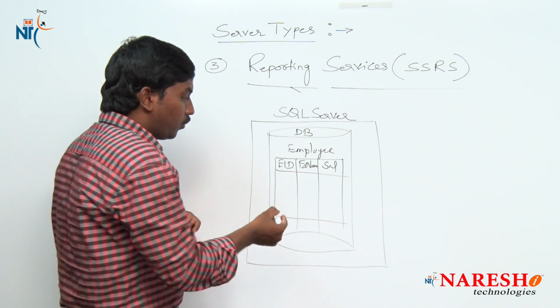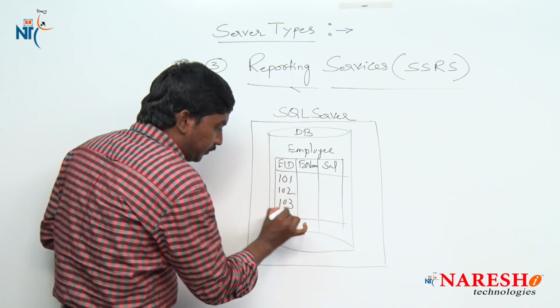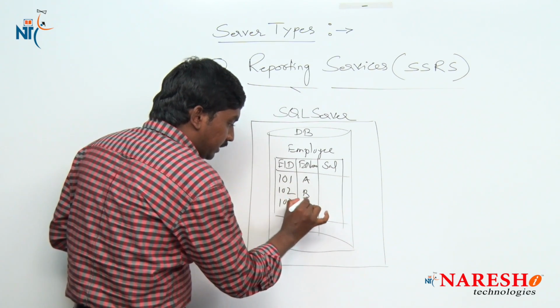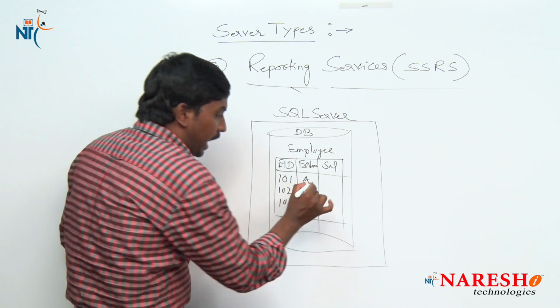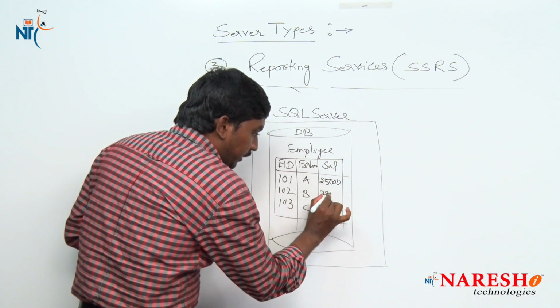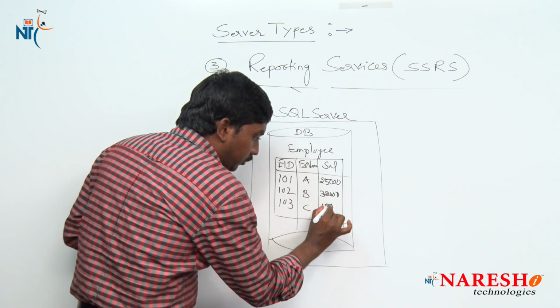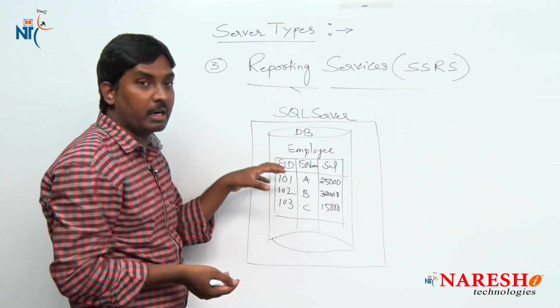Later I insert some records: 101, 102, 103, with the names ABC, and the salaries 25,000, 32,000 and 15,000. So this is some employee information stored in my database.